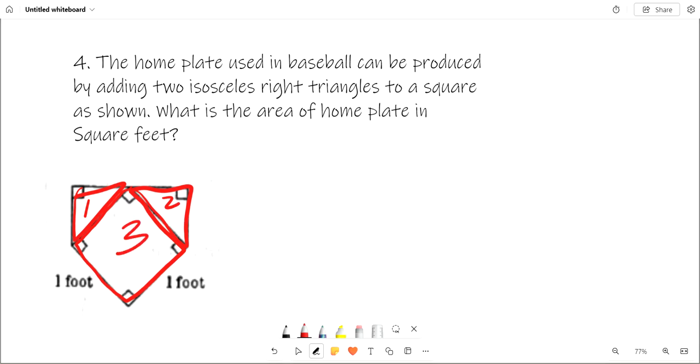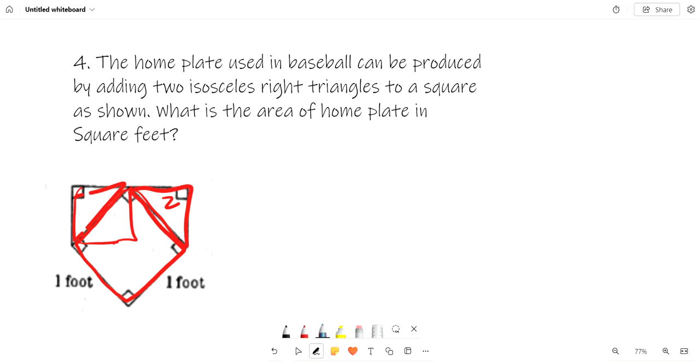So now we can see that if we create a triangle here, these two triangles, triangle number 1 and triangle number 2, have the same areas.